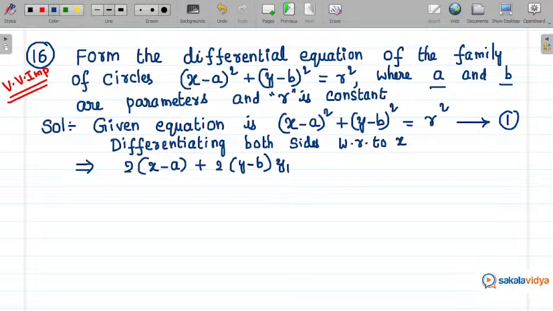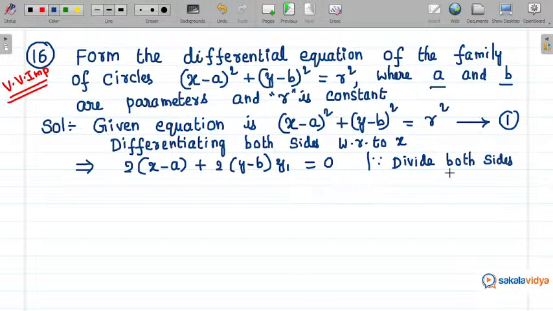So y1 should be written. Here it is mentioned that r is constant, so r square differentiation is 0. From this we can now divide both sides by 2.